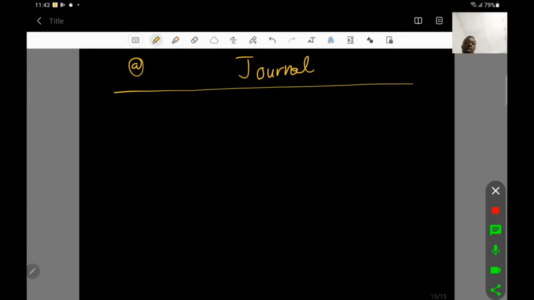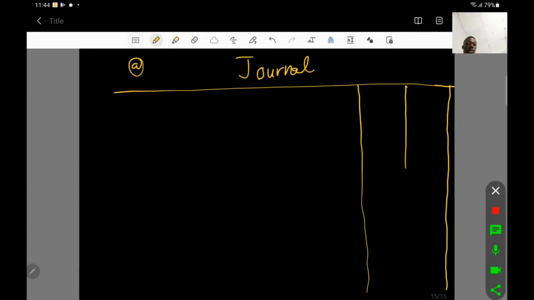So let's start with the journal. So let's say A, journal entry. So you're going to have a journal entry for your activity. So let's take note of that. With the journal, you only see 3 items.